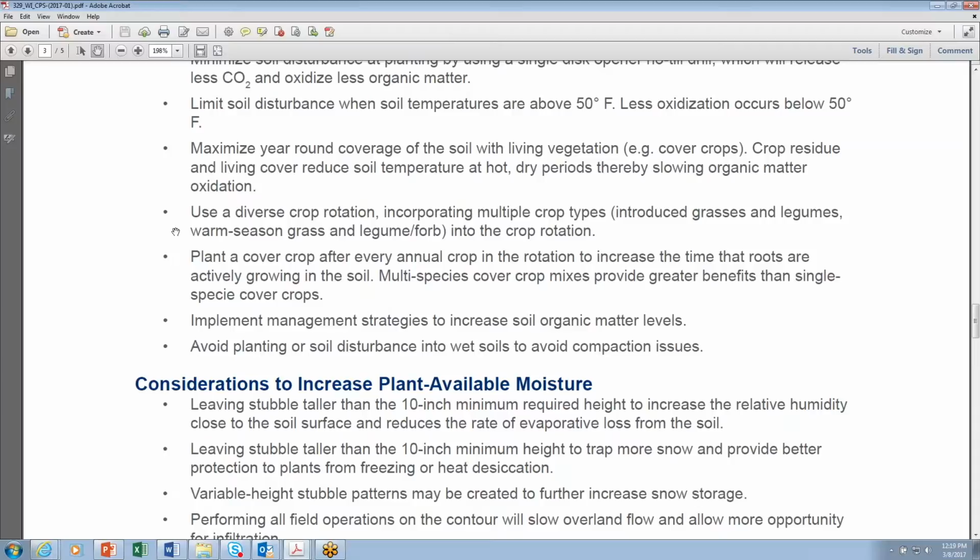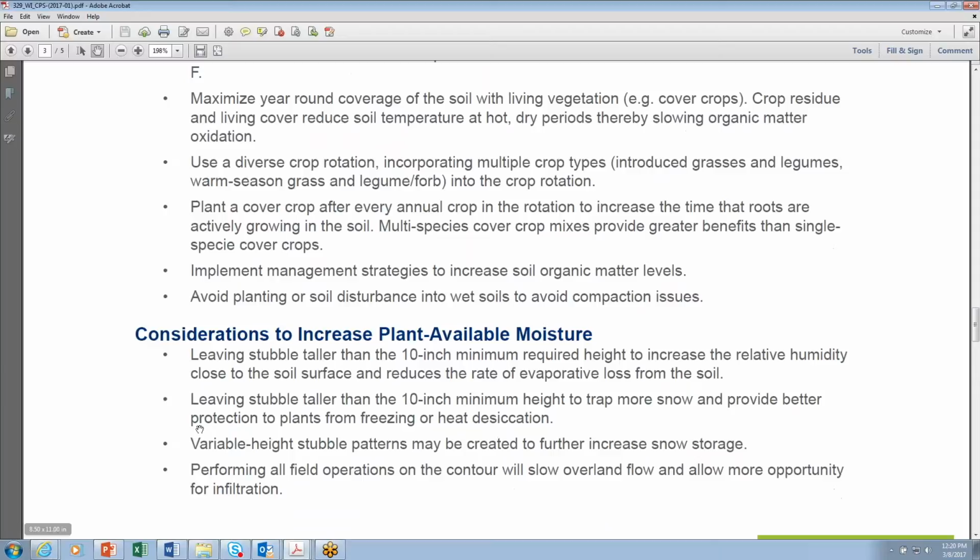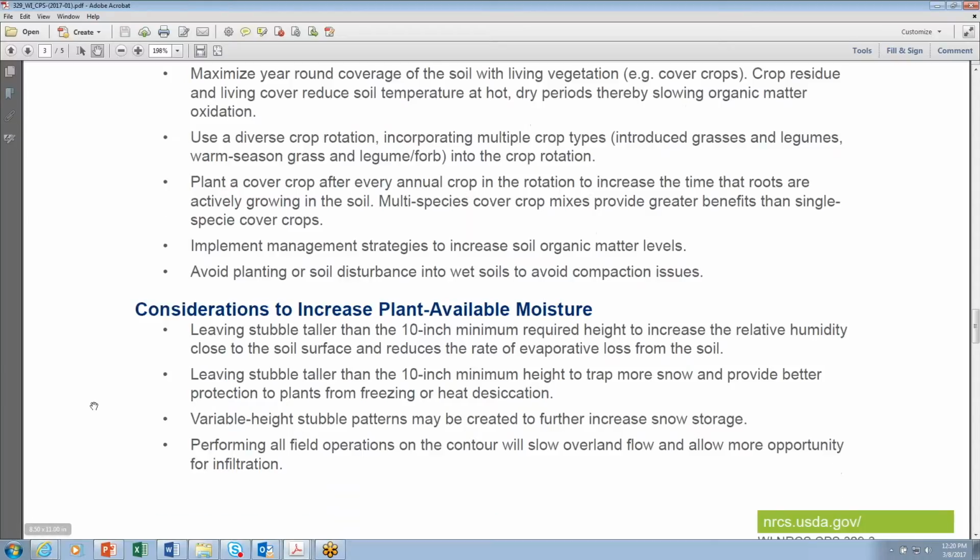Crop rotation is highly beneficial to breaking cycles, and cover crops are highly beneficial to making sure that we have protected that soil and maybe suppressing weeds and other things. So there's all kinds of reasons why you look at other practice standards to supplement this one and enhance this one.